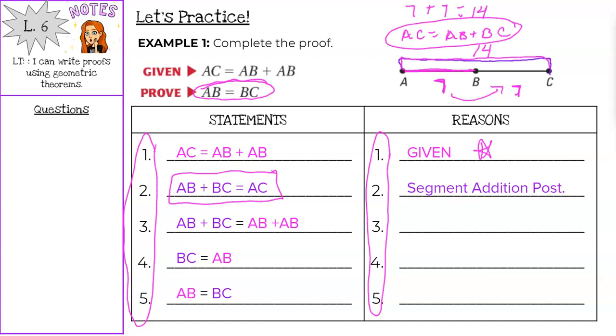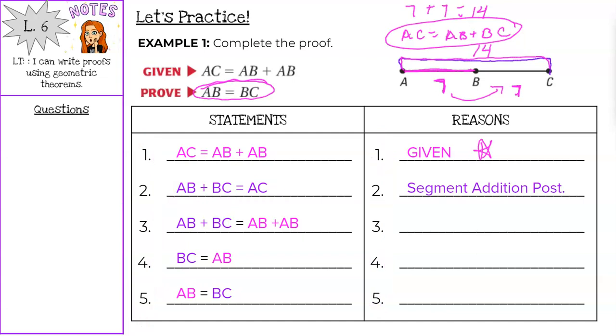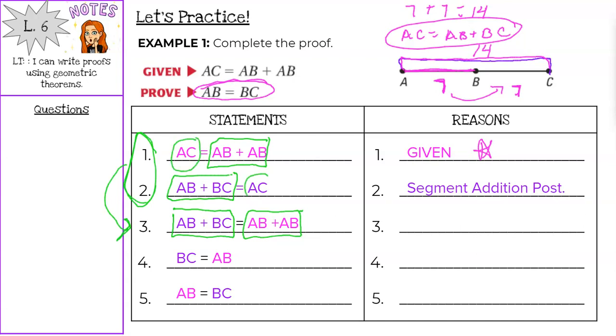Then the next piece, let's look at this, is AB plus BC. If you see that is in purple, I would look here at this purple. And then equals AB plus AB. Well, that comes from here, AB plus AB. So how do we use parts 1 and 2 to make 3? Well, you can see that both the pieces I've boxed are equal to AC.